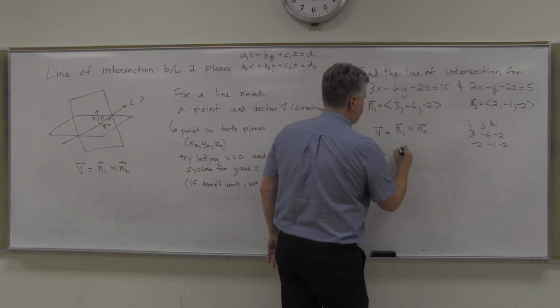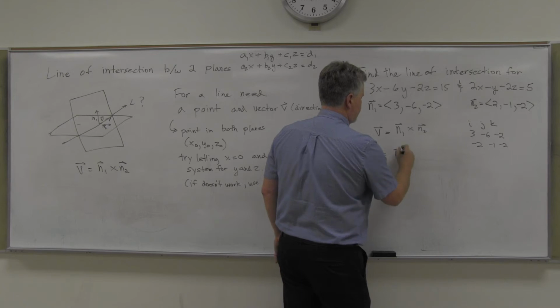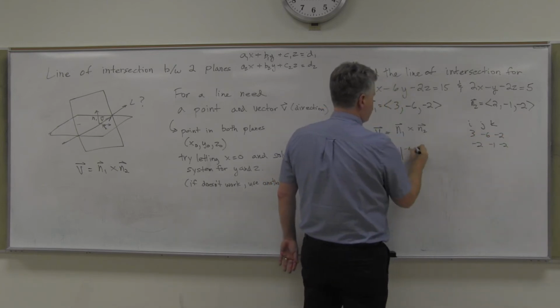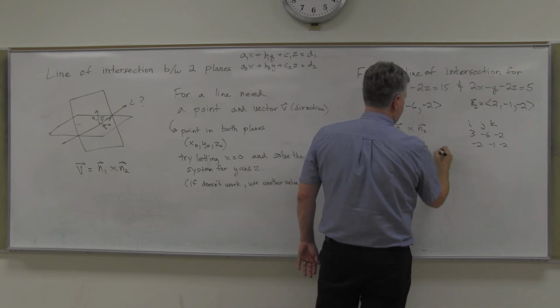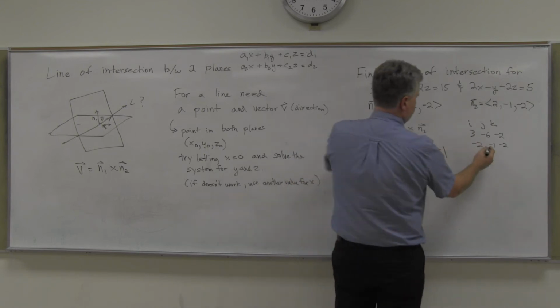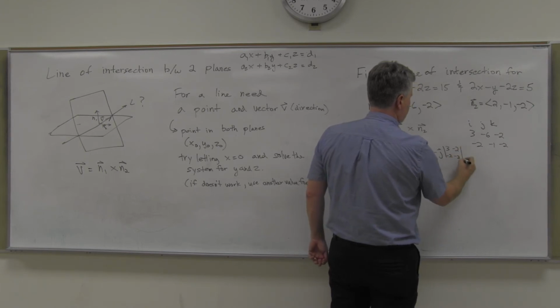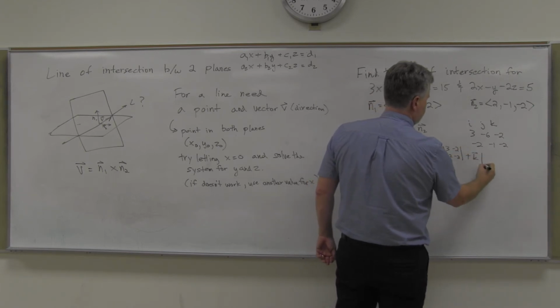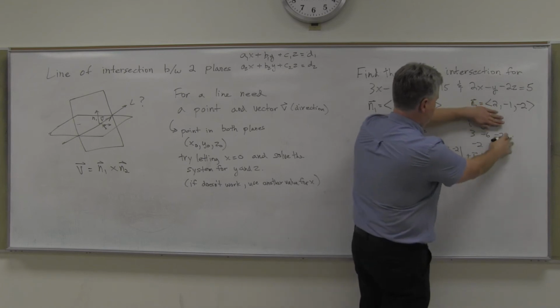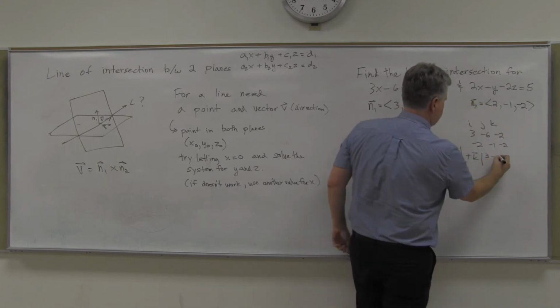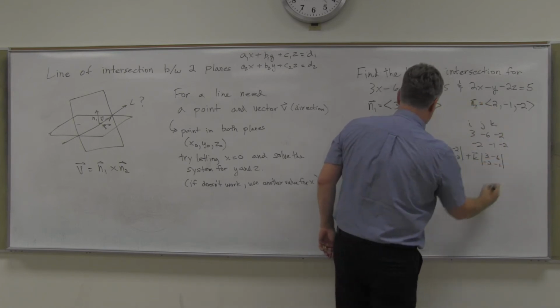So the i is going to be the determinant of negative 6, negative 2, negative 1, negative 2, minus then the j component. So the determinant of 3, negative 2, 2, negative 2. And then the k component, cover those two up: 3, negative 6, 2, negative 1.